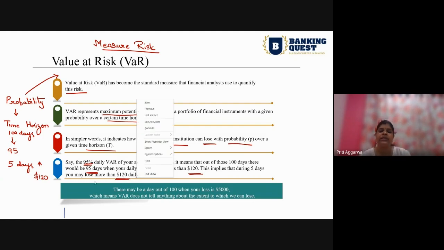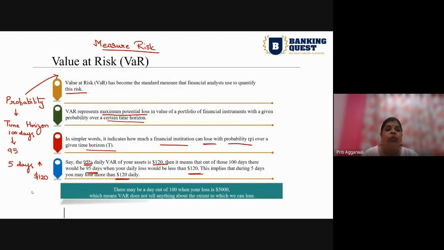So on a daily basis, if I need to understand the maximum loss I can make, what is the best way to measure the risk? There may be a day out of 100 when your loss is $5,000, which means your VAR does not tell anything about the extent to which we can lose. It will just give you a threshold limit.